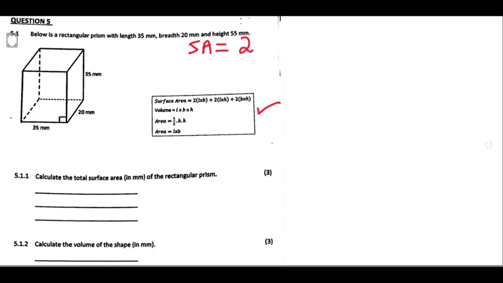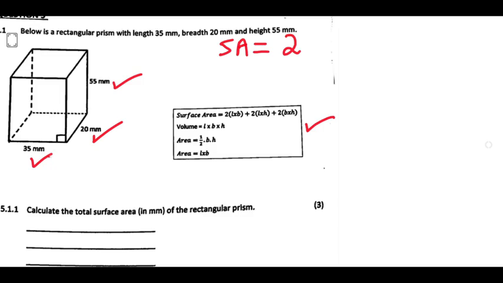So either way the answer is the same. We're going to utilize all three sides: 2 times top and bottom, plus 2 times back and front, plus 2 times right and left. So we got 6 rectangles.